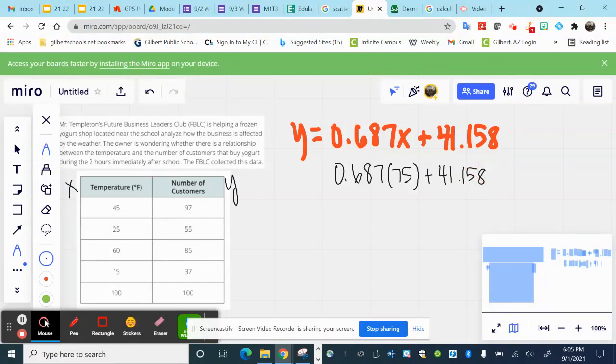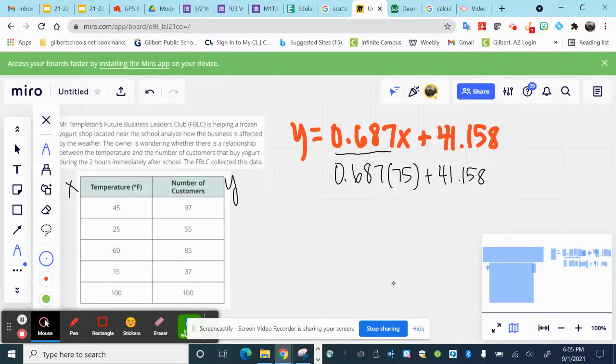41.158. So if we break up this equation right here, this slope, what it means is that for every 1 degree increase, we increase 0.687 customers. And I'll say that one more time. For every 1 degree of increase, we increase our customers by 0.687.